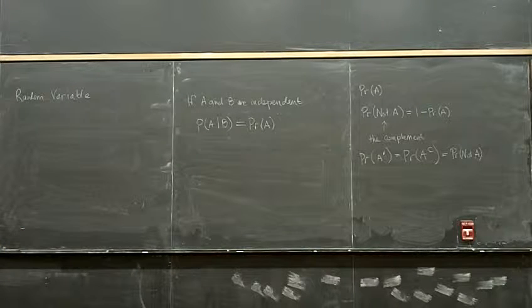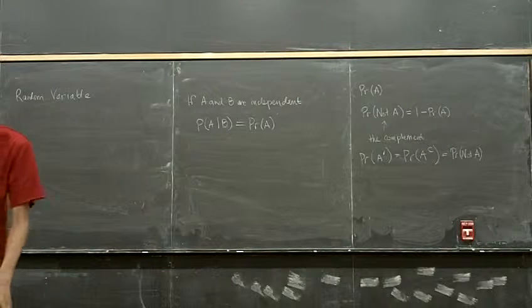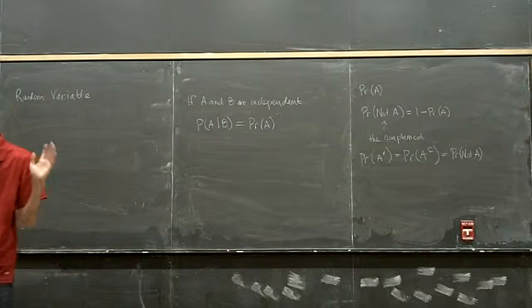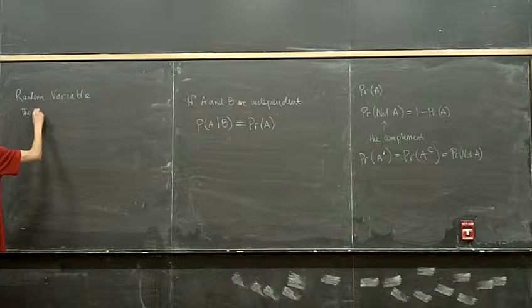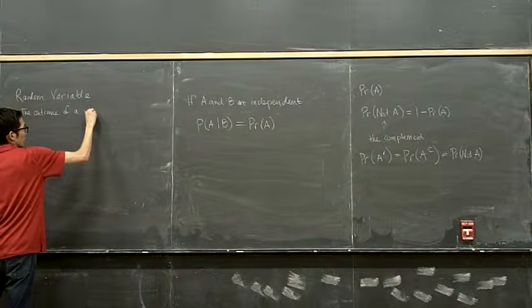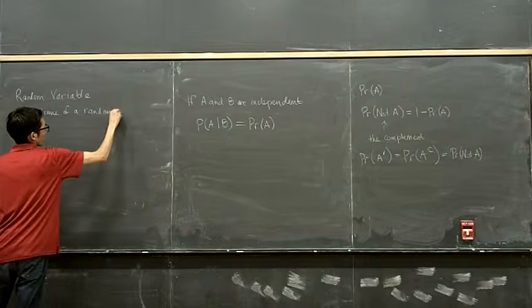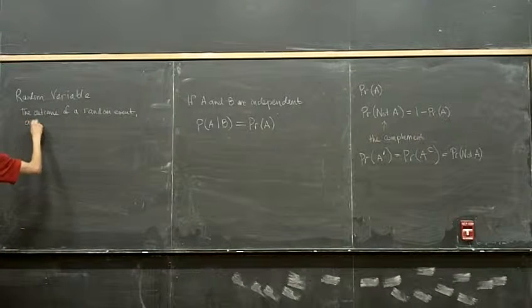Random variables are outcomes of random events, but the outcomes are numbers. It's the outcome of a random event, and the outcome is a number.